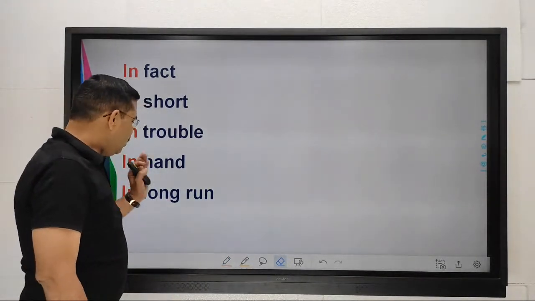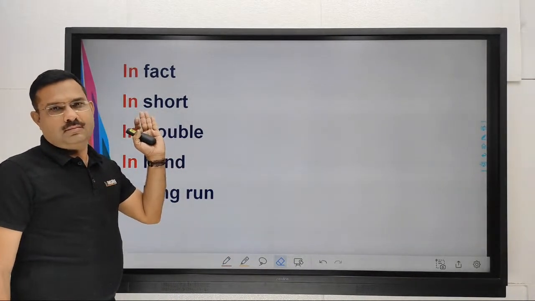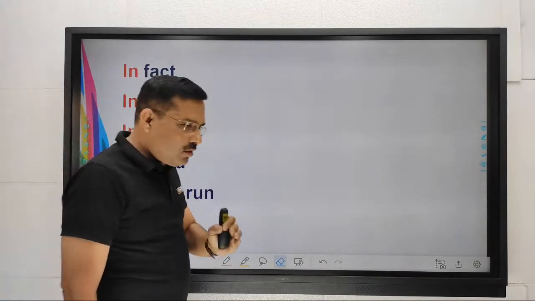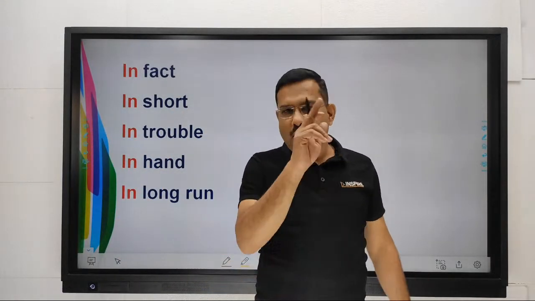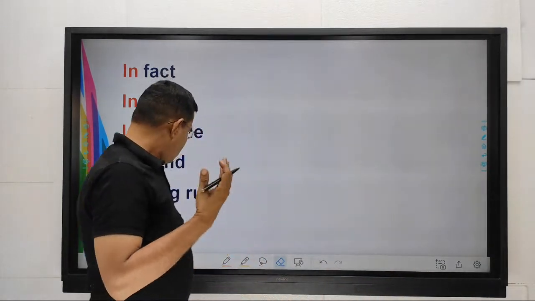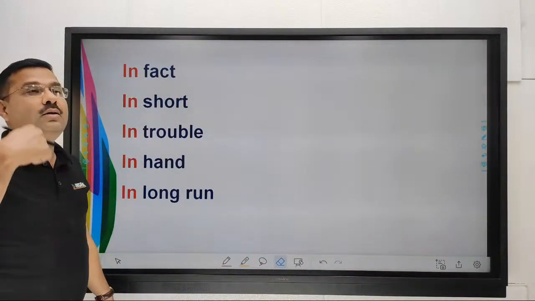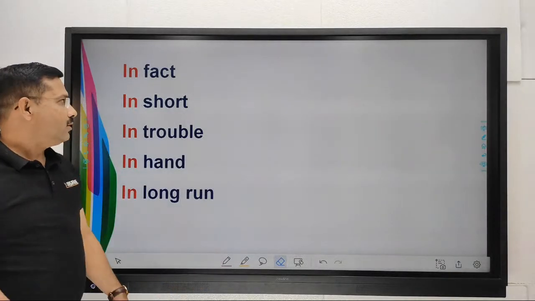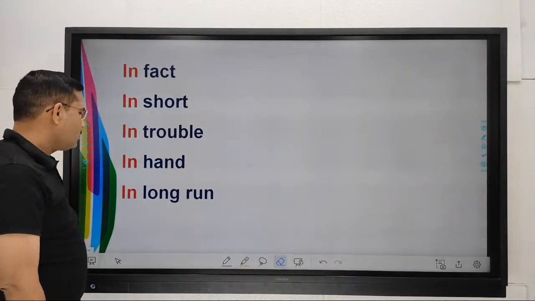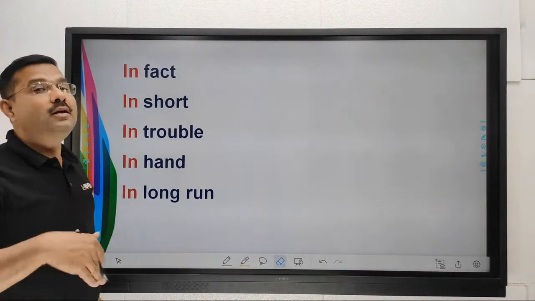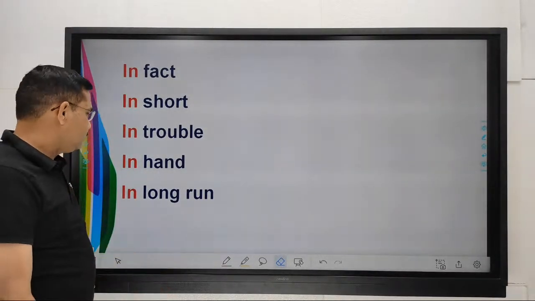When? In long run. Short tricks are not going to help you out in the long run. Try to listen to sentences. Okay, so in fact, in short, in trouble, in hand, and in long run.